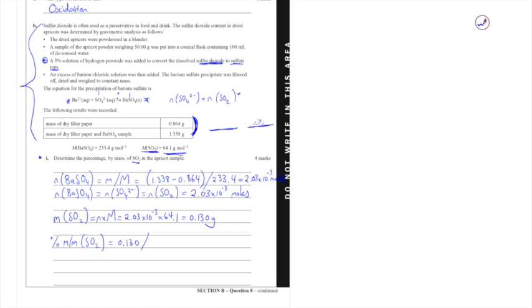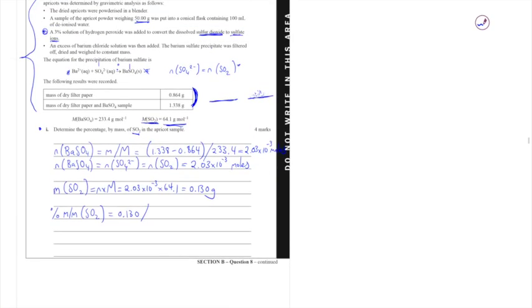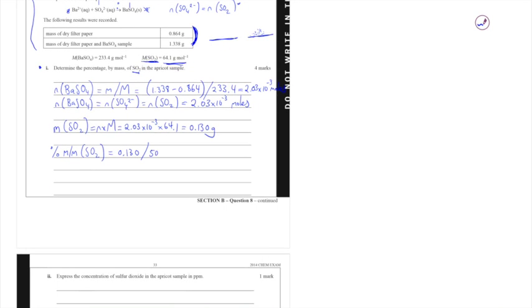So there was 0.130 grams of sulfur dioxide, and that was from 50 grams of the dried apricots. So I'm going to divide that by 50.00. And then it needs as a percentage, so simply multiply that by 100, and that will give me the final value of 0.260%. Awesome, fantastic. Moving on to II.